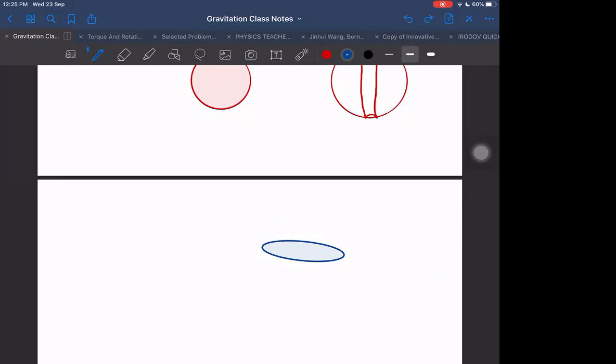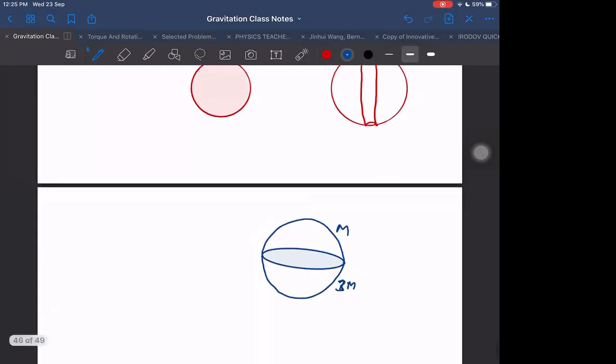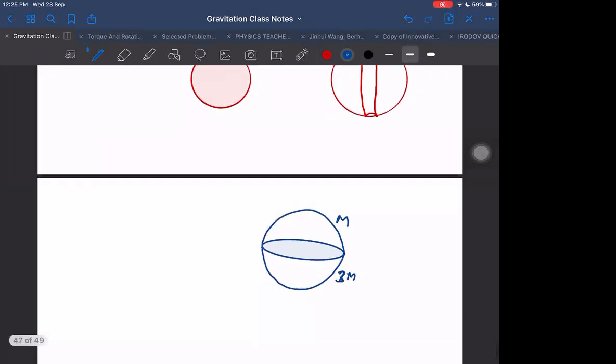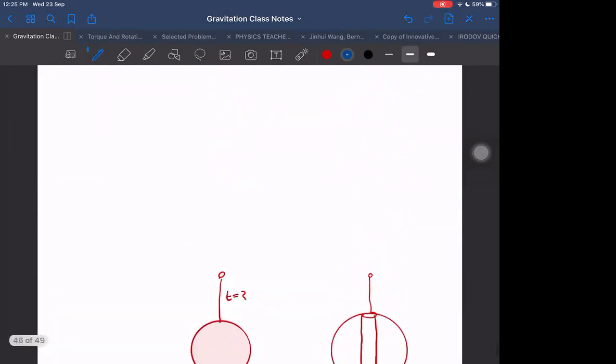There will be some questions based on where we cannot even find out the field, but we can still estimate it. For example, let us say this is of mass m, and this is maybe 3m. What is the force between these two hemispheres? We can ask this question also. What is the force acting between these two hemispheres? Okay, wait a second.